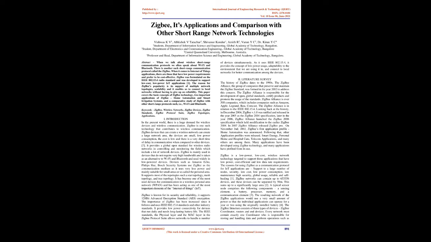The IEEE standards, the physical layer and the MAC layer in the Zigbee protocol suite, allow networks to handle n number of devices simultaneously. As it uses IEEE 802.15.4, it provides low power usage, adaptability to the environment that we are using it in, and connection to local networks for better communication among the devices.